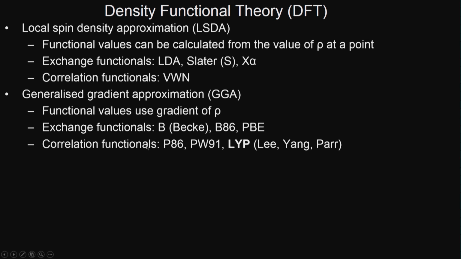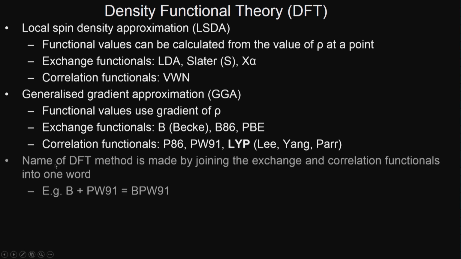The name of the density functional method is made by joining the exchange and the correlation functional into one word. Okay, so we have BPW91. B comes from exchange, P and W91 come from correlation. So you can have different types of density functionals by combining the exchange functionals with the correlation functionals.